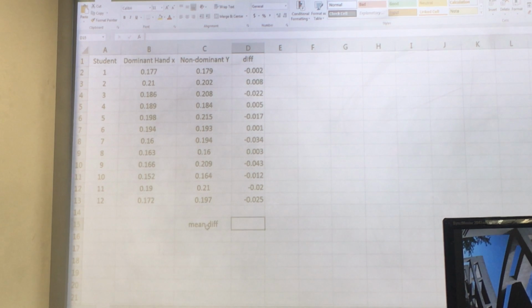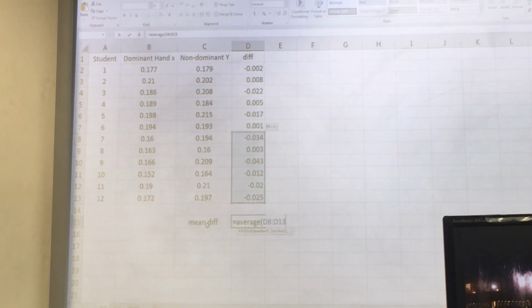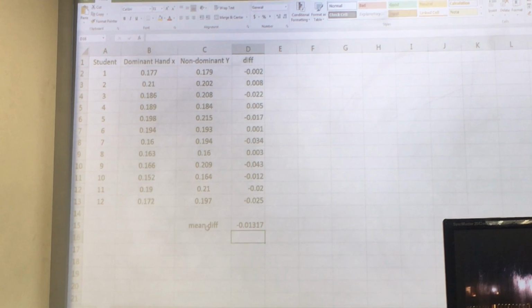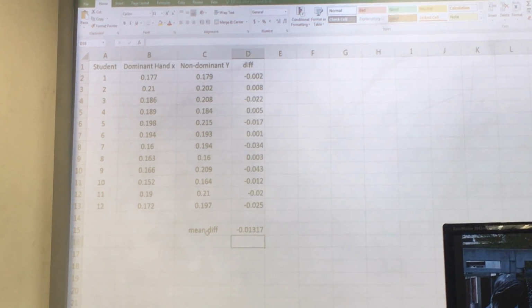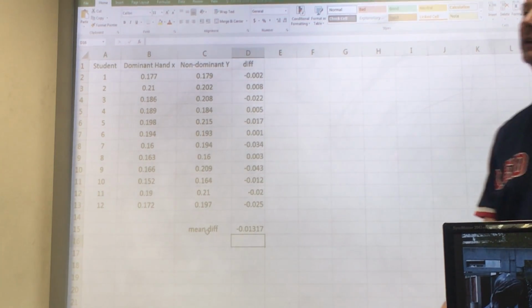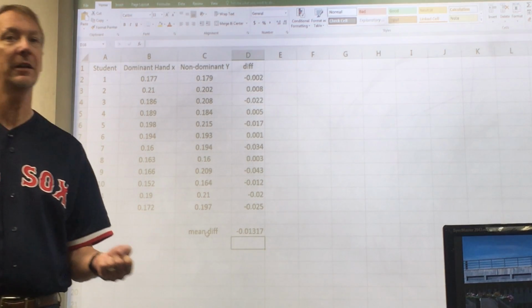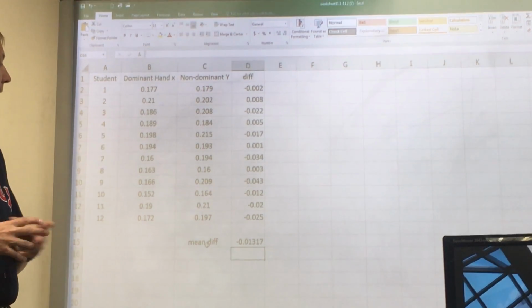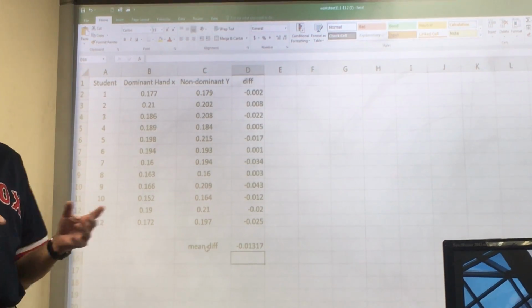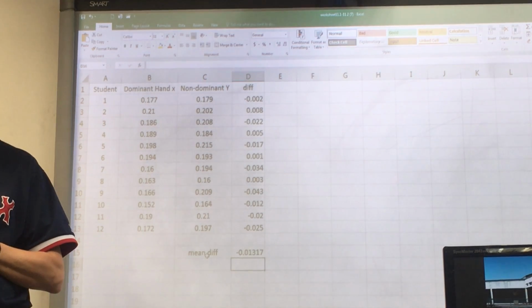Let's talk about the mean difference. Okay? I'm going to do the average of all of these. So we can see that the mean difference is a negative number here, negative 0.01. So let's think about this for a minute. If this is my dominant hand versus my non-dominant hand, do you think that your dominant hand would be faster or slower than your non-dominant hand?